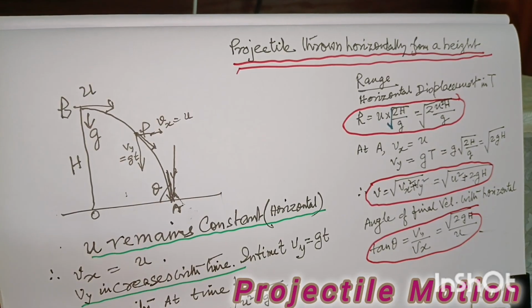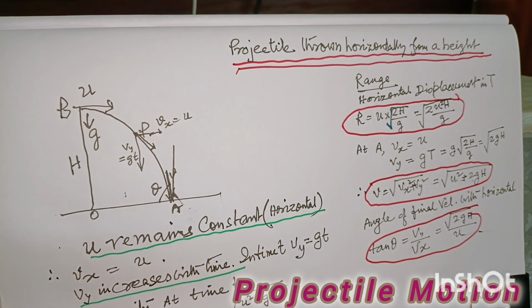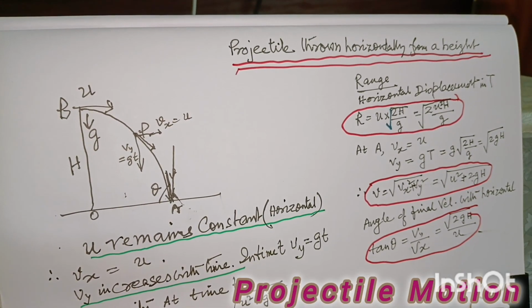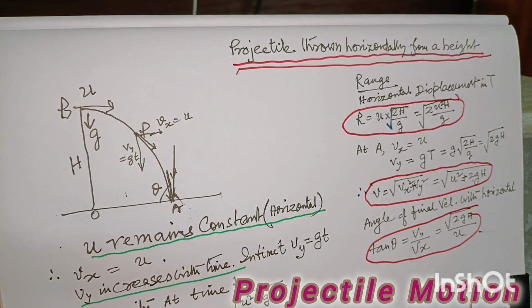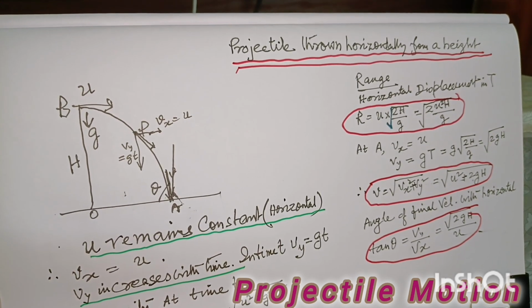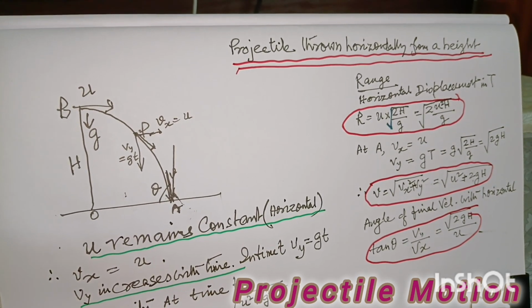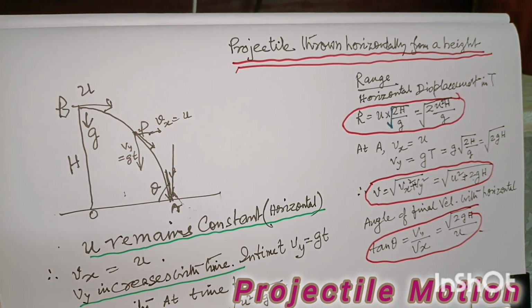So if at any point P we resolve the two components, say Vx and Vy, we will get Vx equal to u because u remains unchanged. But Vy will be, actually, the formula is u plus at.